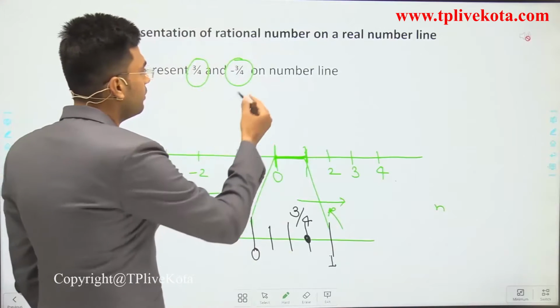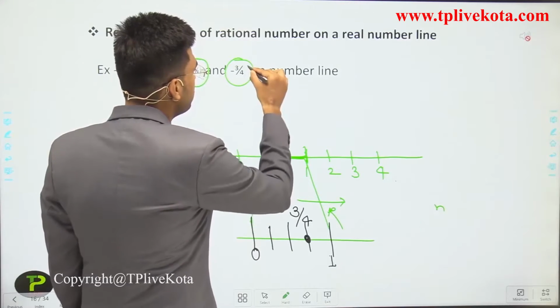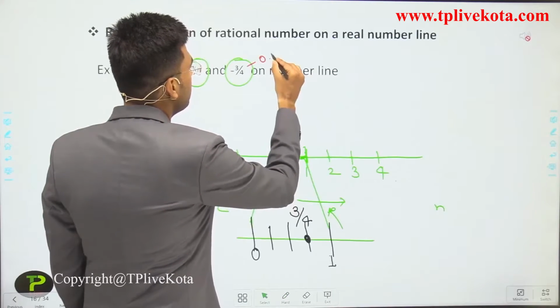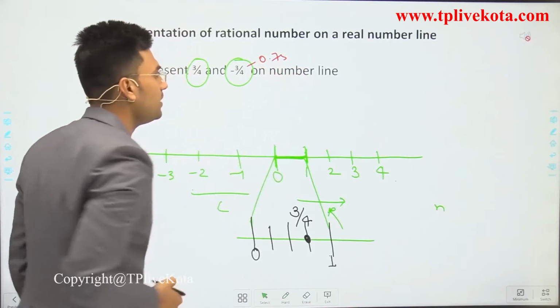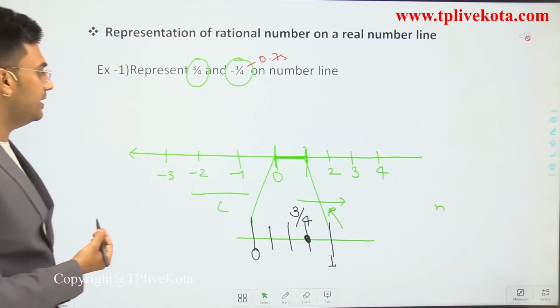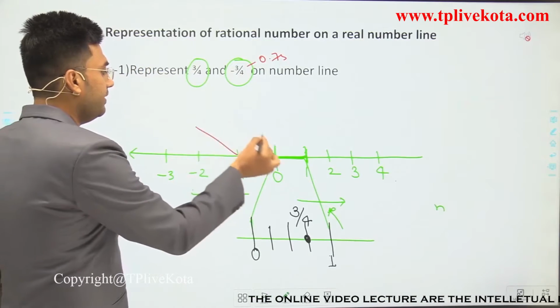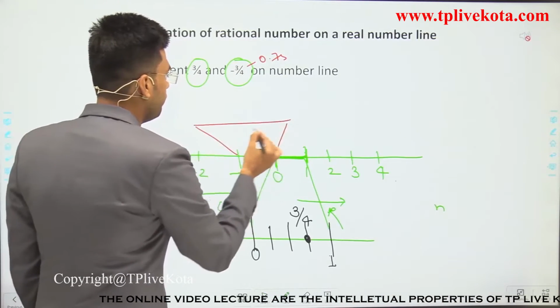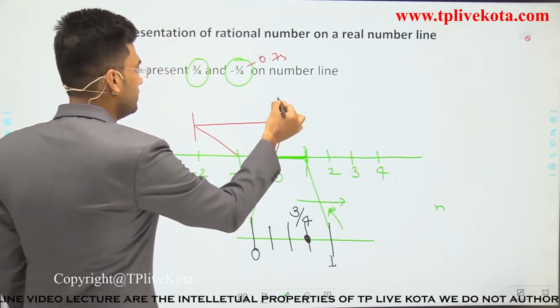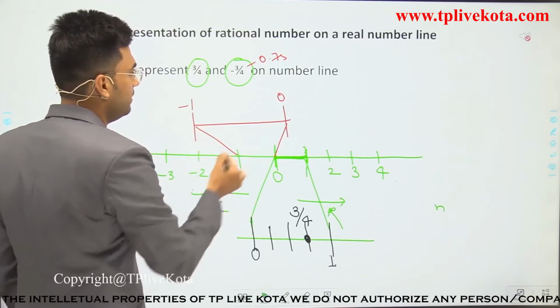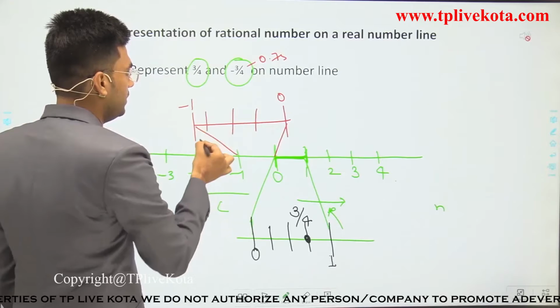Minus 3 by 4 is equal to minus 0.75, and minus 0.75 lies between minus 1 and 0. So now we divide minus 1 and 0 in 4 equal parts. This is 0 and this is minus 1, 1, 2, 3.